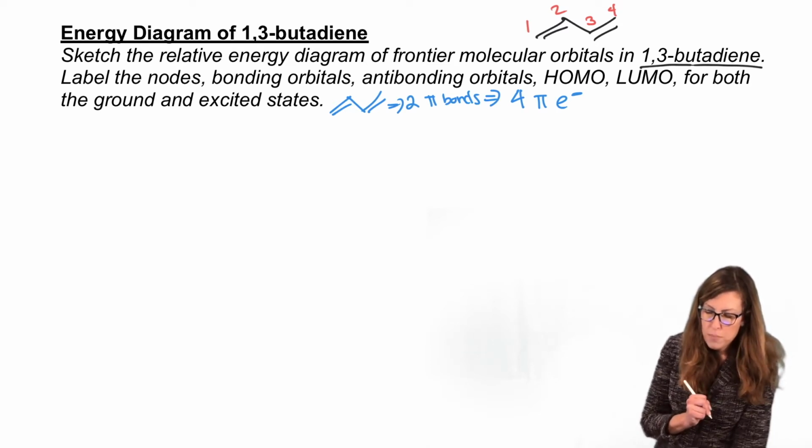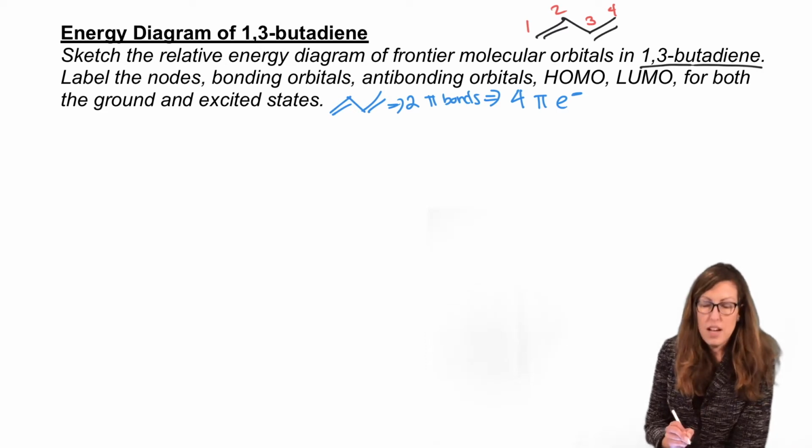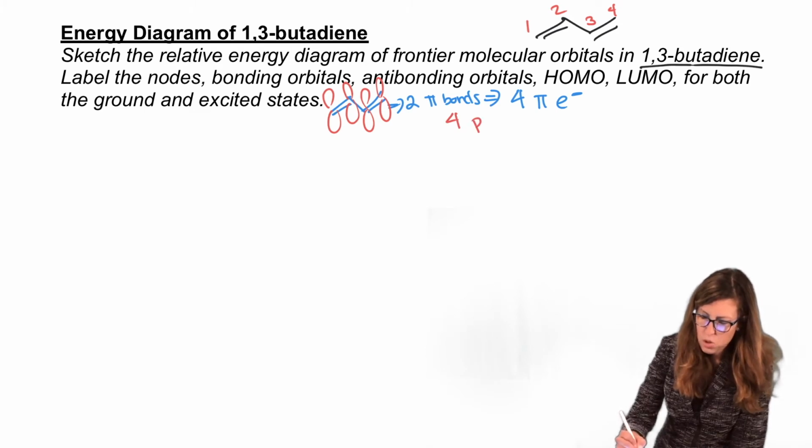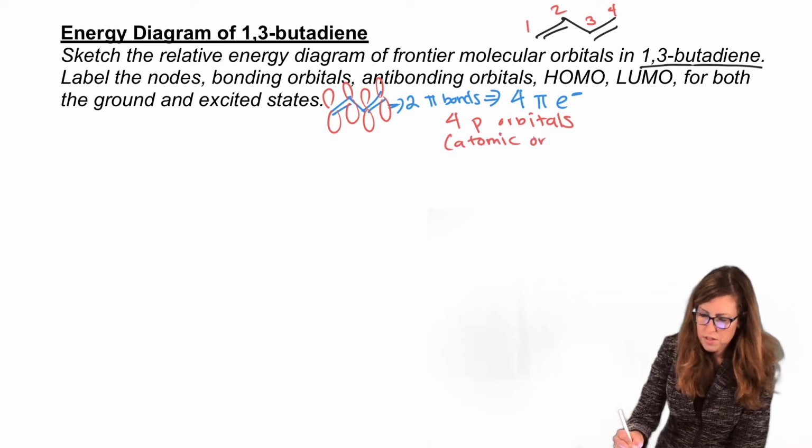In order to make that diene, we needed to use how many p orbitals? 1, 2, 3, 4. 4 p orbitals. Those are atomic orbitals, right? They're on each atom.